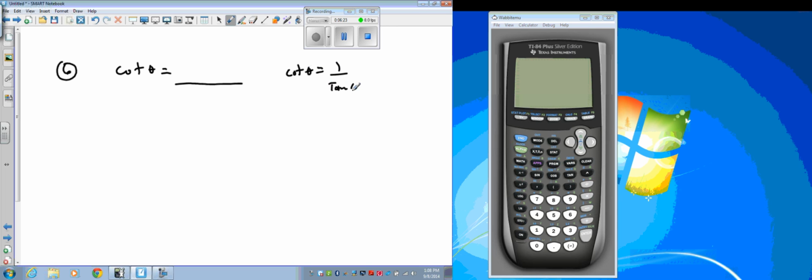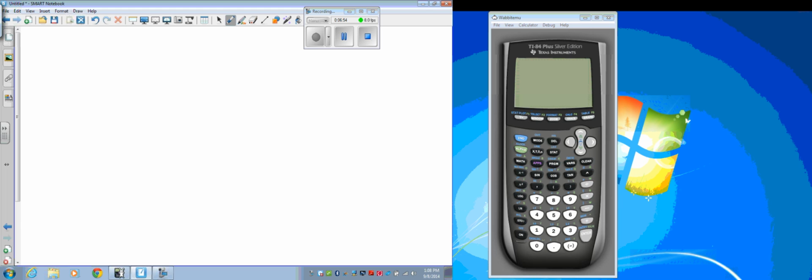Because they're giving us that tangent theta is 18, right? So we plug it in here, and this is 1 over 18. Now when they talk about rationalizing the denominator, that's saying that if there's a radical in the denominator, you get rid of the radical. Well, this is not a radical. This is just a fraction, so we don't rationalize anything there.